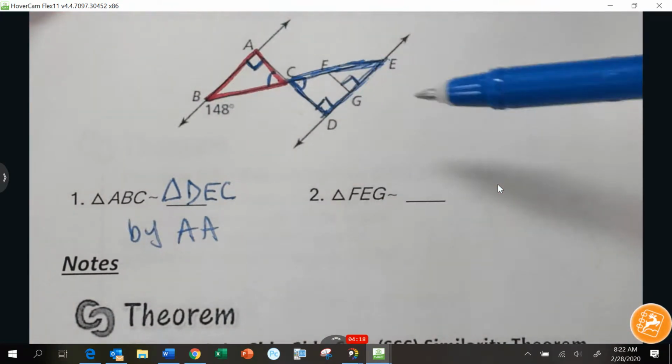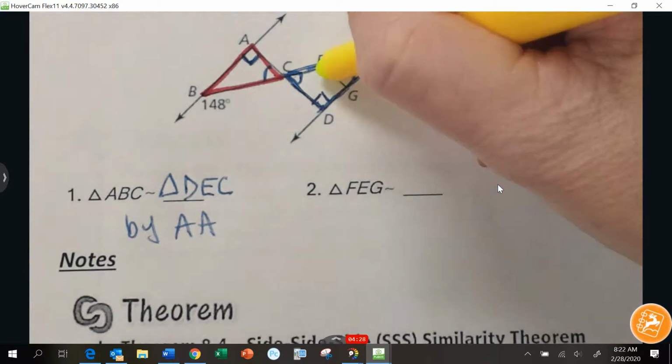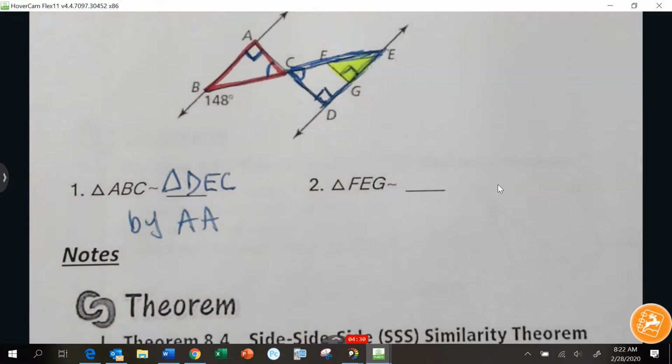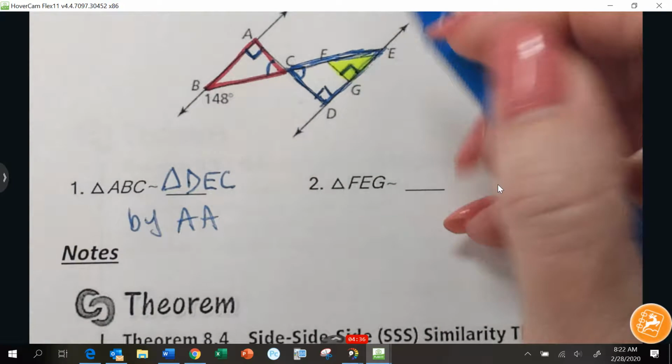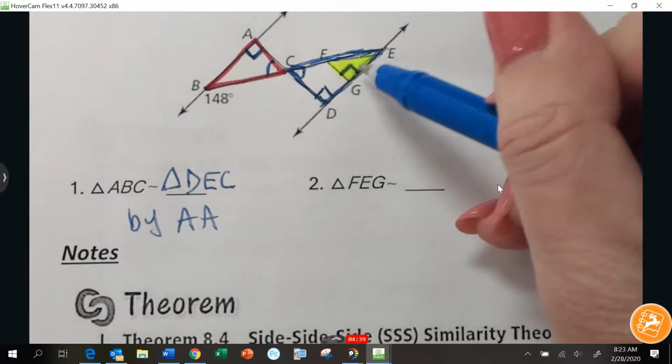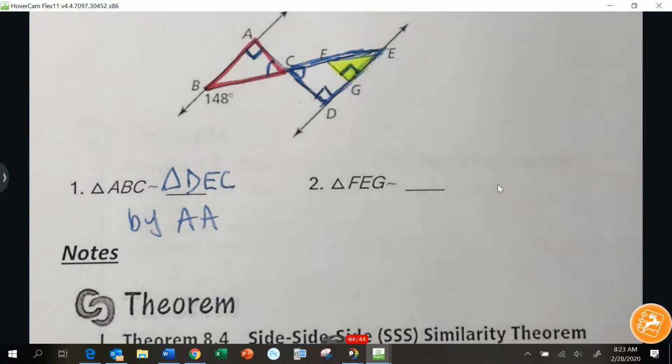All right, and then now FEG. FEG, that one I'm going to color in yellow so we can all look at it. FEG is similar to what triangle? Who has an idea? I'm going to bounce off of Lynn's original idea. We have a right angle that starts the process. Yes, John. CED. Is it CED? But why?